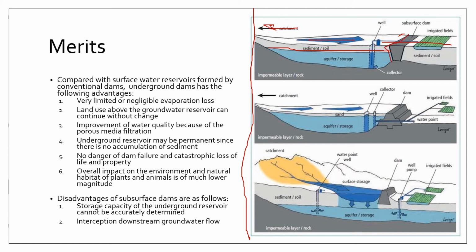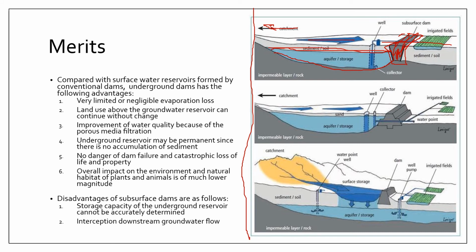What they do here is they insert an impervious structure like clay or concrete that can serve as your subsurface dam. And in effect, it serves to impound the groundwater behind the dam.